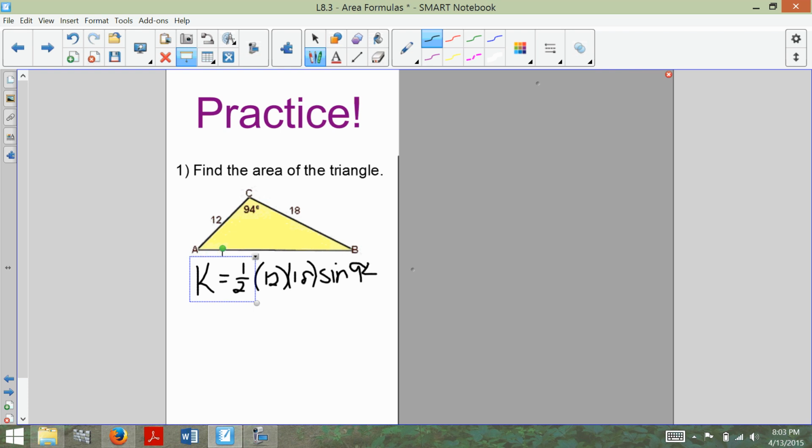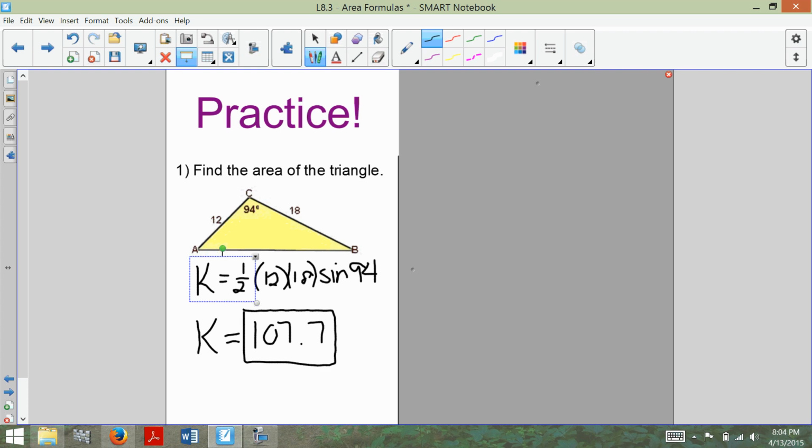So the sine of 94 in this case. And nice and simply, all we have to do is put this right into the calculator. And so in this case, the area of this triangle is 107.7 square units.